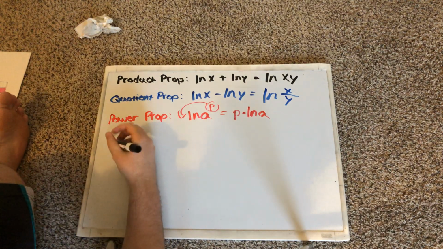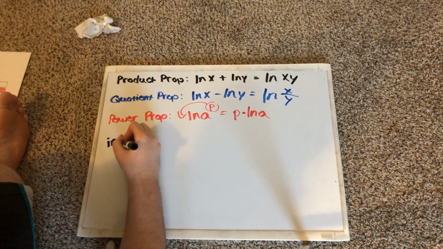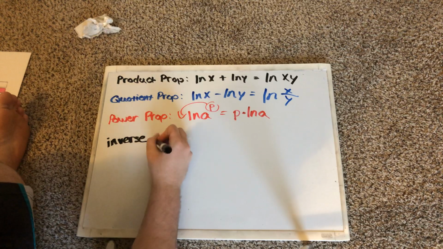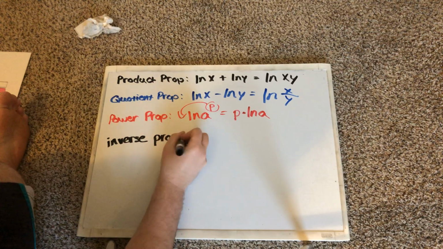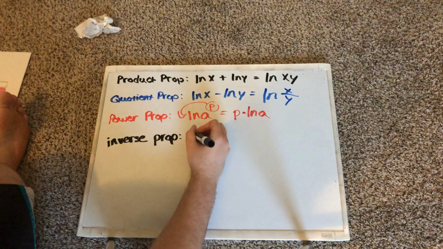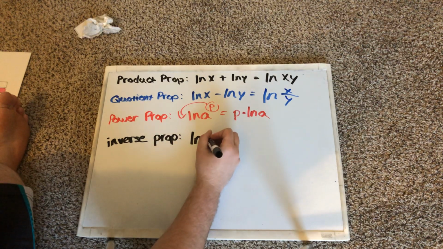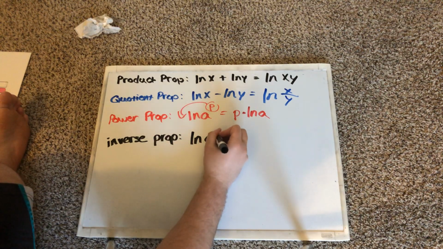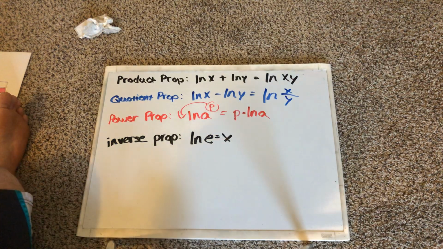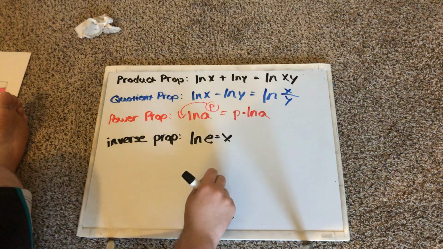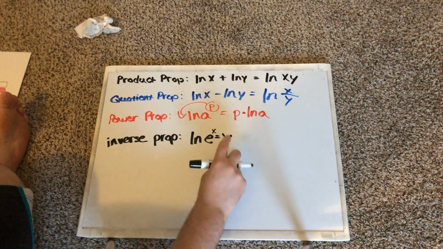Our inverse property is when I have the natural log of e raised to the x power, that is equal to x.